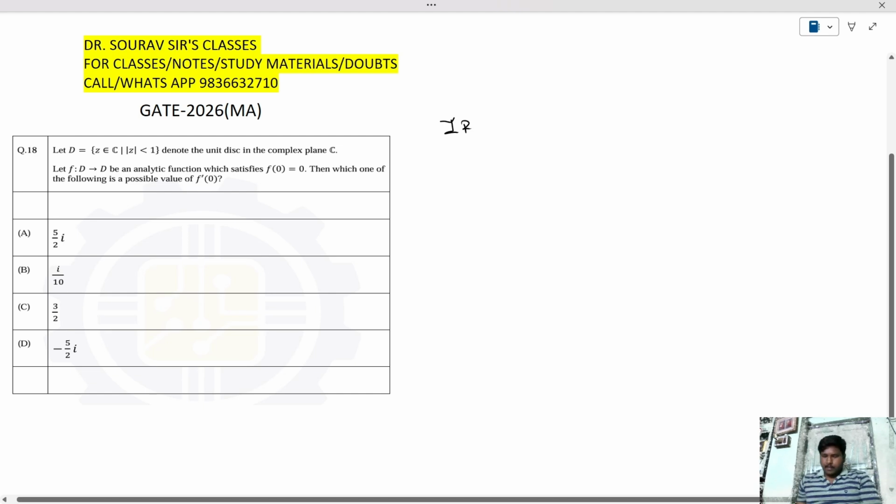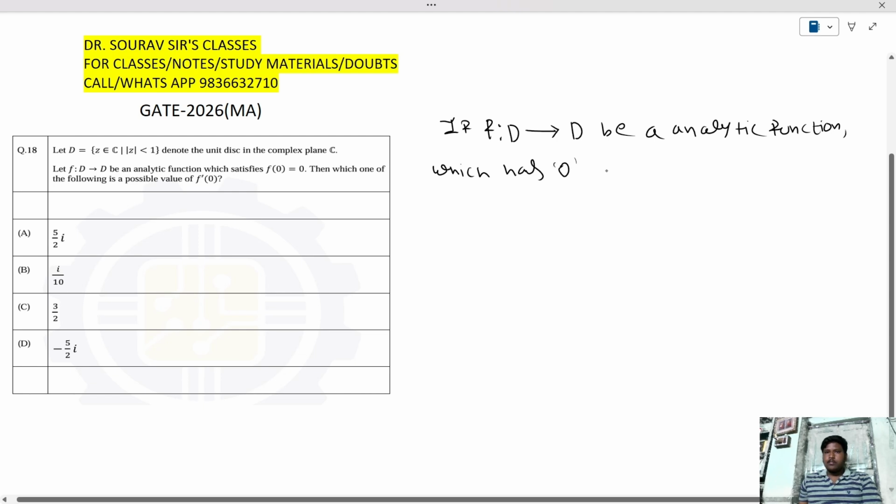If f maps D to D be an analytic function which has 0 of order n, then what is D?